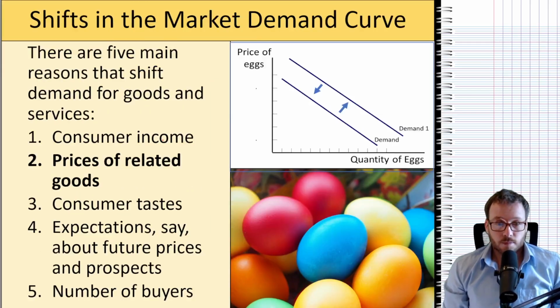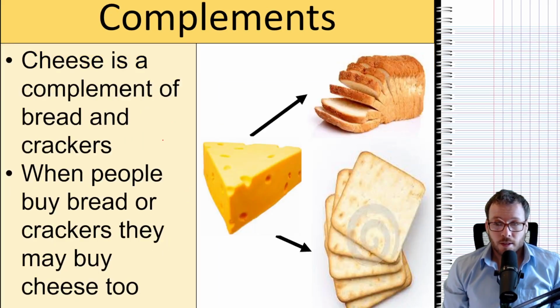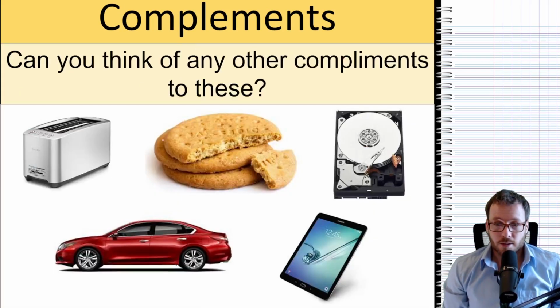The next one is price of related goods. So this is known as the substitution effect, and we need to understand what related goods are. We call them complements in economics. So these earphones are complements to the computer, if it has Bluetooth, and your phone. Cheese is a complement to bread and crackers. Can you think of complements to all of these?